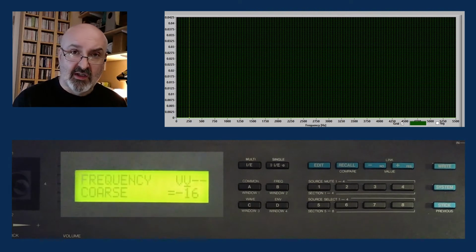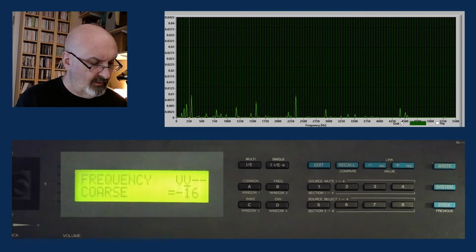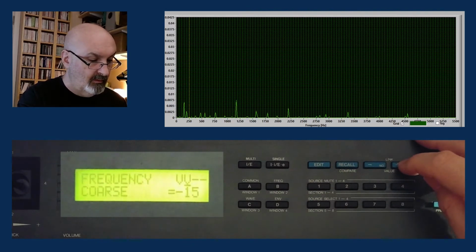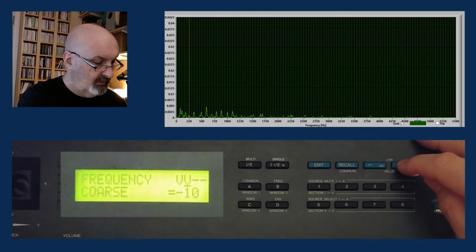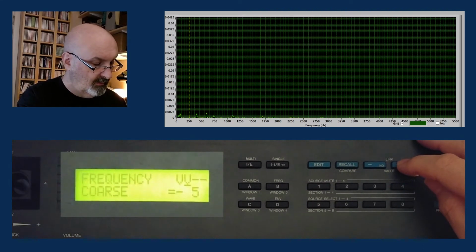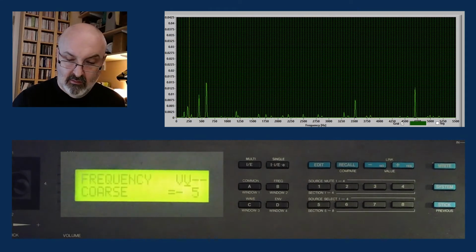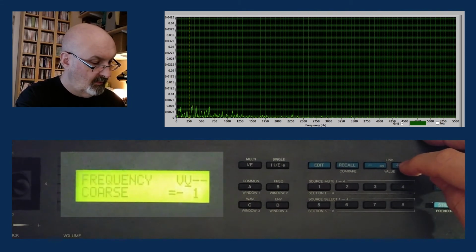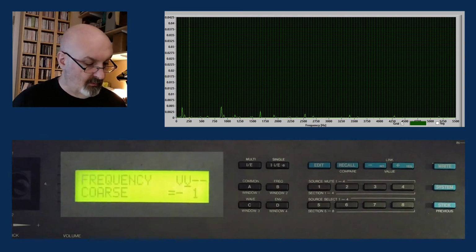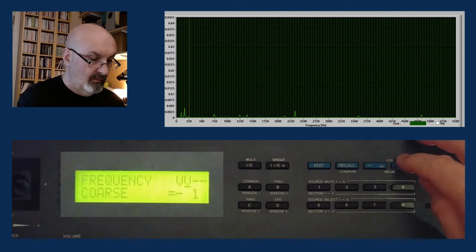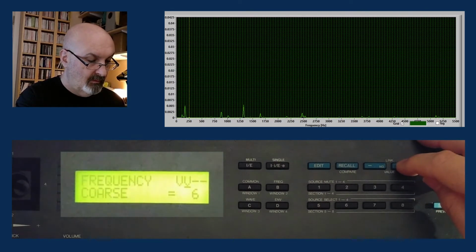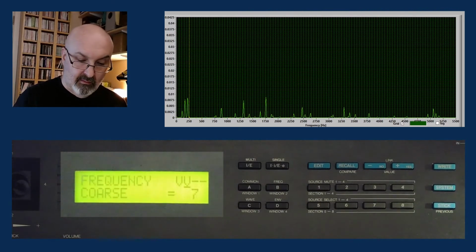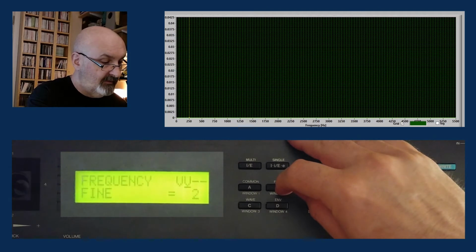The modulator is 16 semitones below the carrier. Frequency again, fine.